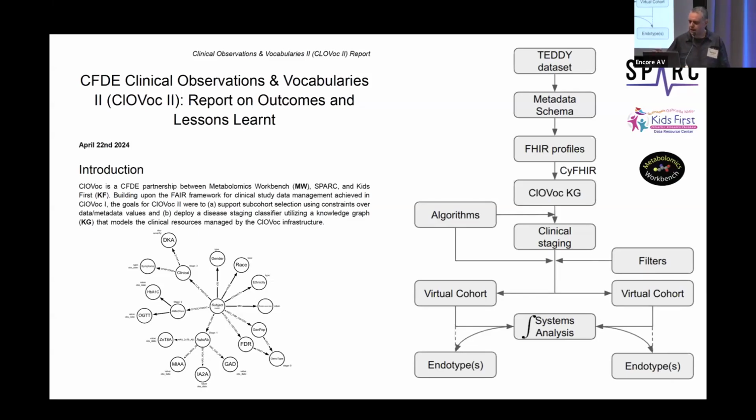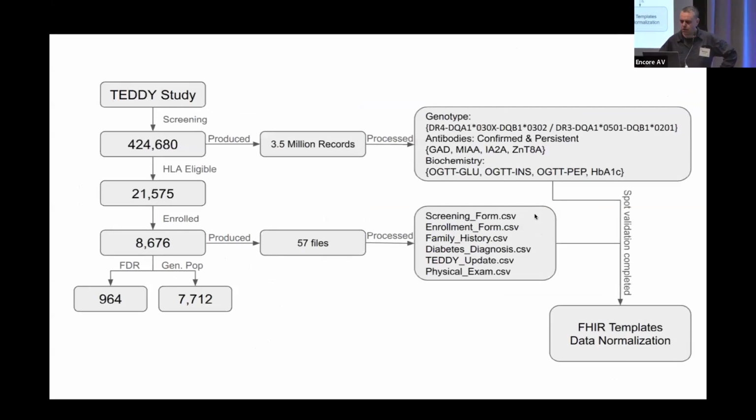So we mapped key elements within the data dictionary onto FAIR profiles after normalizing the data, and then extracted the FAIR profiles into a knowledge graph. And we focused primarily on key determinants that help us stage patients along the key stages of diabetes, and help us then extract subcohorts from the clinical data that conforms to these key stages.